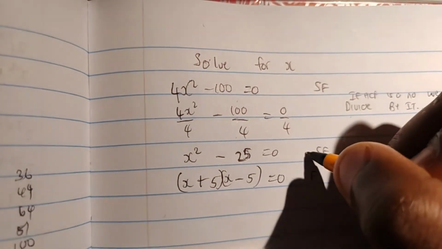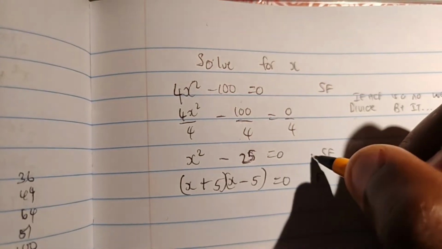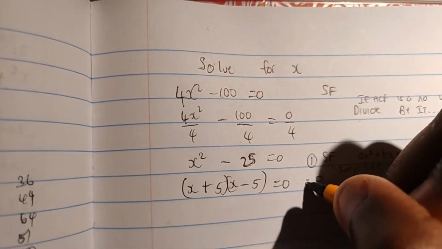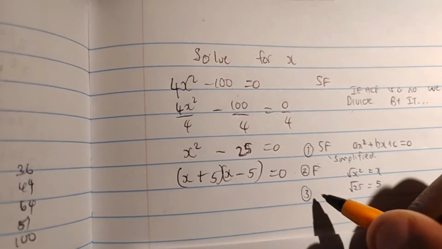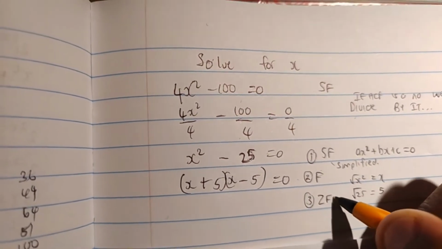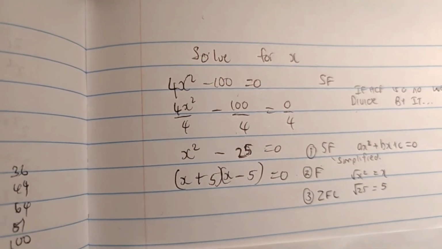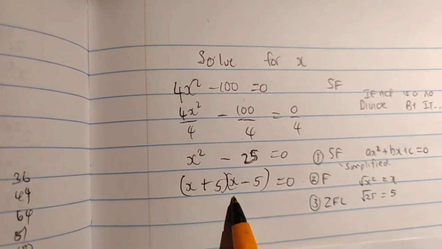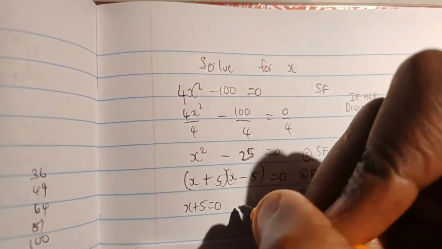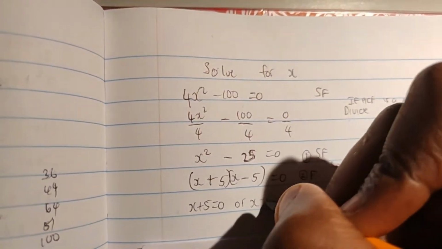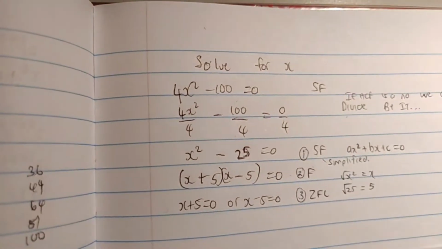Okay, so F for factorize, S for standard form, 3, we apply the zero factor law. Since we have two brackets of factors equated to 0, we take x plus 5 equal to 0, x minus 5 equal to 0.